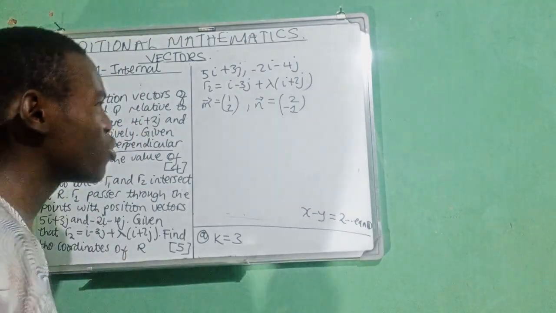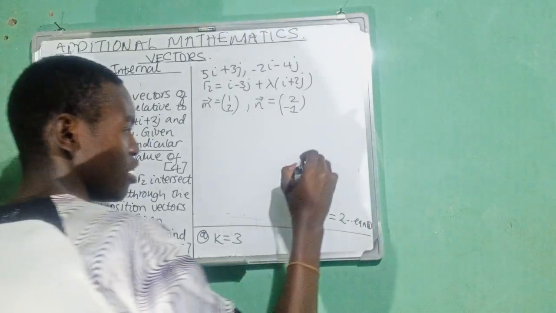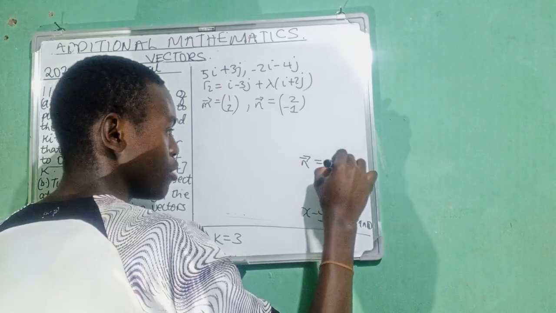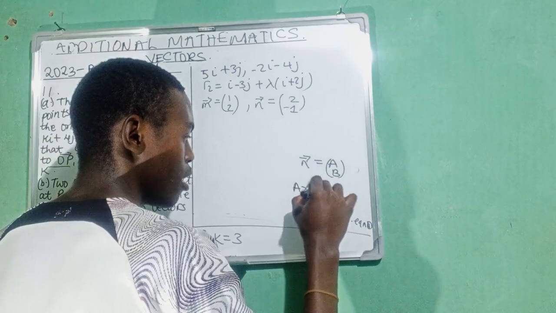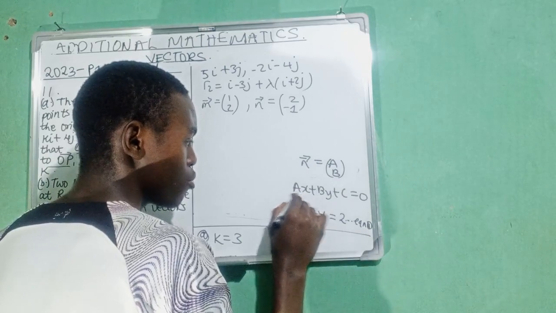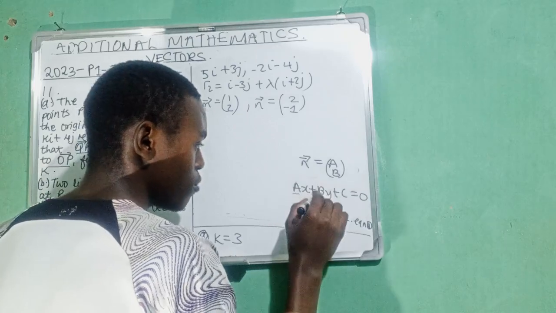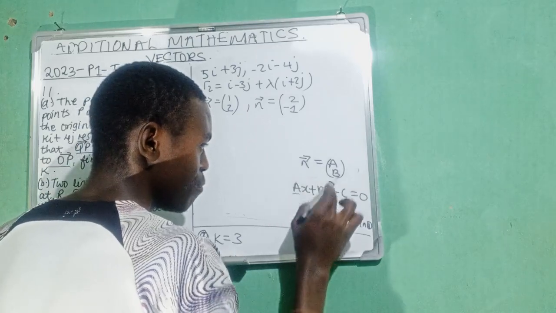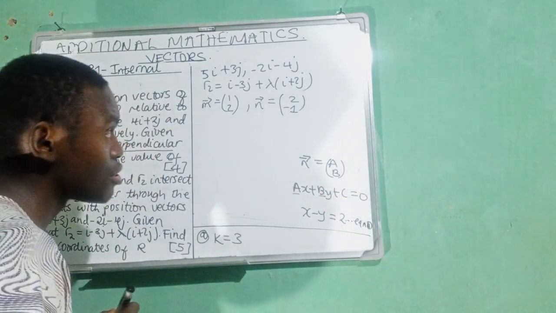So why am I doing all this, finding the normal vector and all that? Because of this property: the normal vector n is equal to (a, b), and the scalar equation form is ax plus by plus c is equal to 0. So the coefficient of x and the coefficient of y are the same as the normal vector.